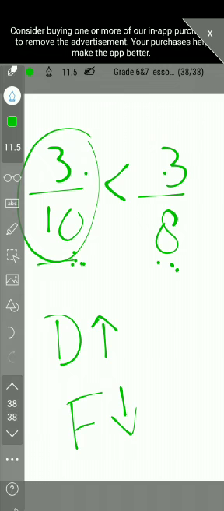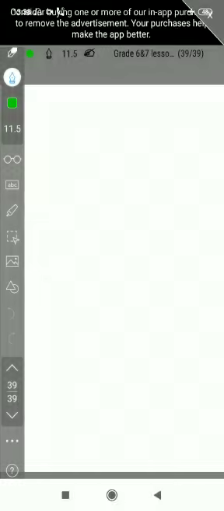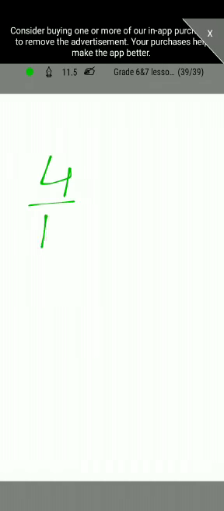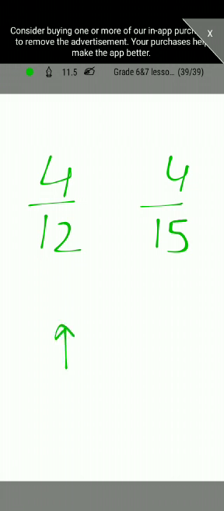Okay, now we're going to show you one more example. Let's suppose we have 4/12 and 4/15. You can see that in both fractions the numerator is the same but the denominators are different. As I told you, the greater the denominator, the smaller the fraction.